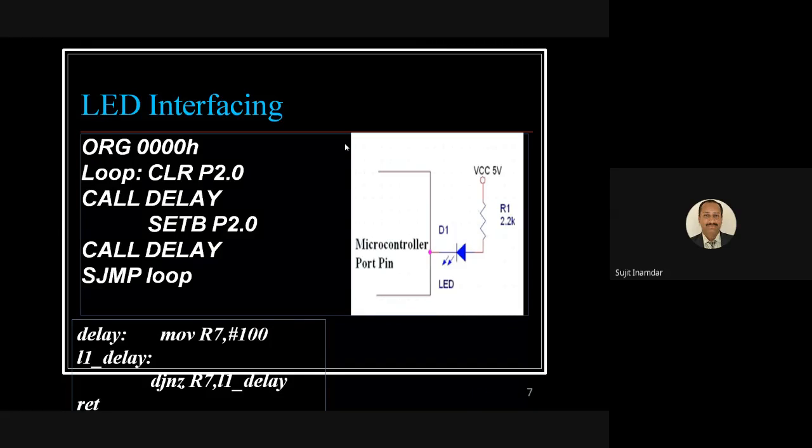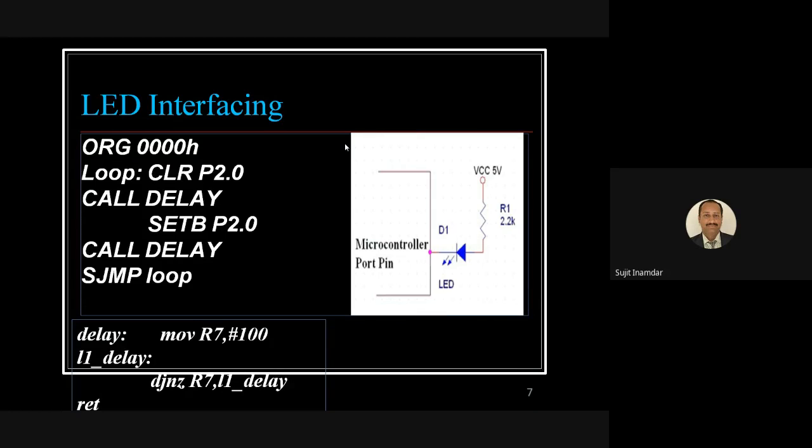So firstly they cleared that particular pin. Cleared means 0, always remember, and set means 1, always remember. Due to CLR P2.0, the LED is going to light up, because the 0 comes at the cathode.